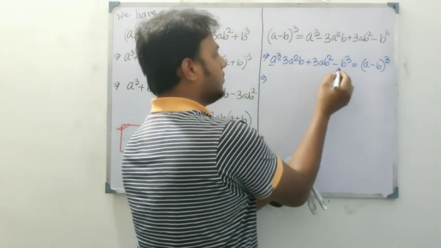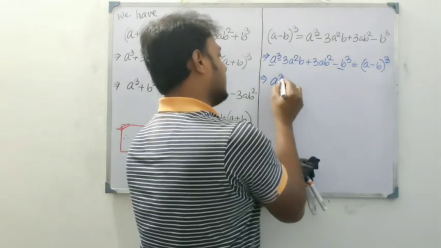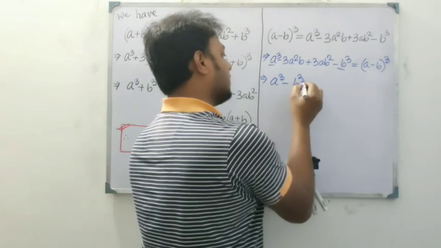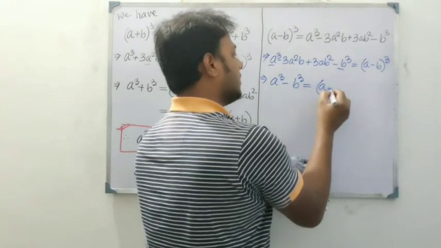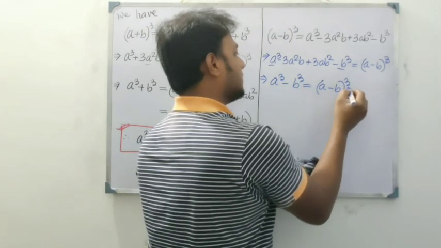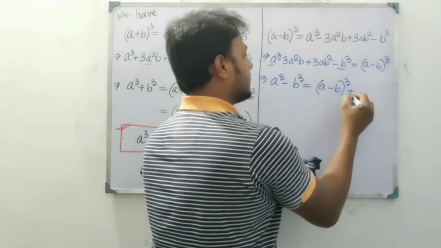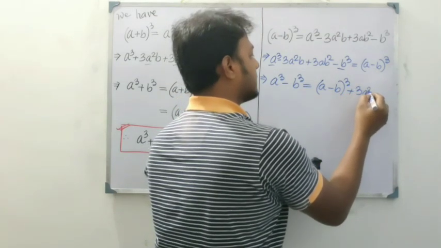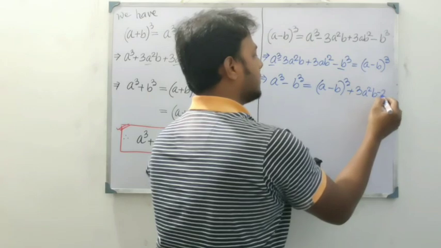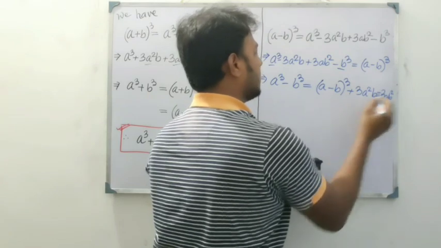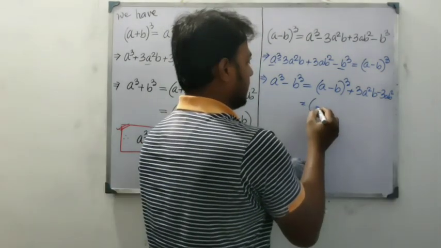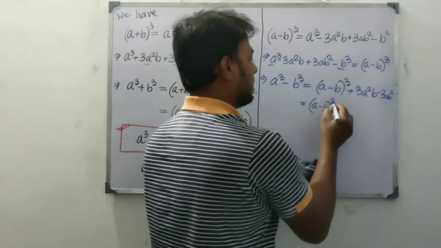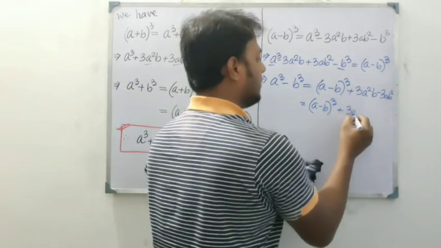Similarly, we are going to compute for a³ − b³. So keep a³ and b³ in this side, so a³ − b³, and consider all the terms in another side. Then it will be (a − b)³ plus 3a²b minus 3ab². Now (a − b)³. Here you have to take common 3ab.